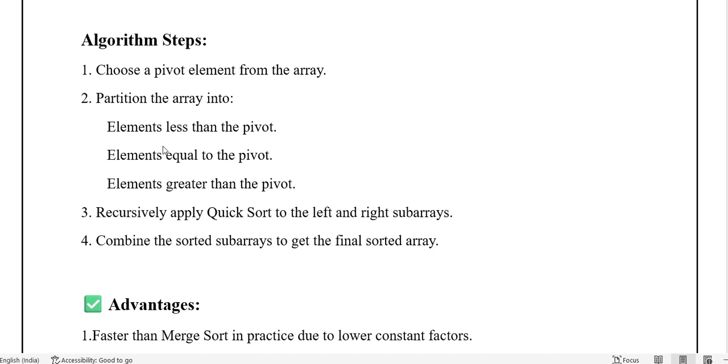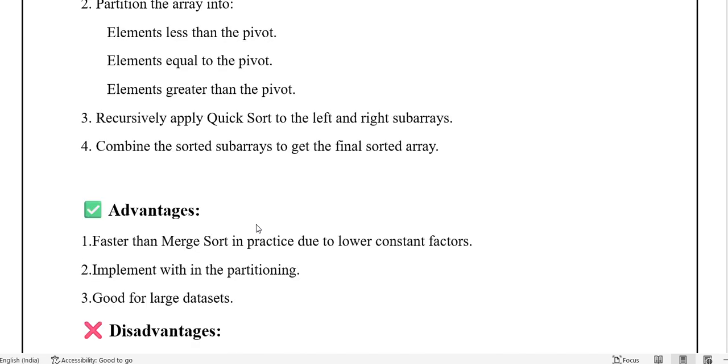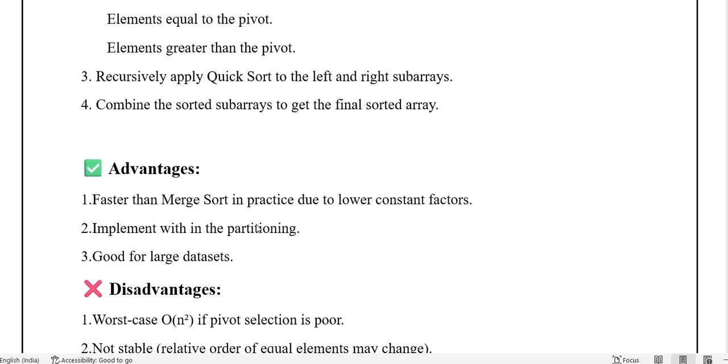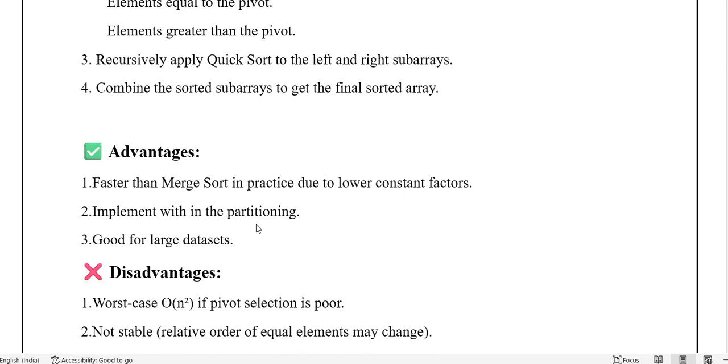Elements less than the pivot always go to the left side and elements greater than the pivot go to the right side. Then quicksort is applied recursively to the left and right subarray partitions. After that, all the sorted subarrays are finally combined into one sorted array. That is the process.